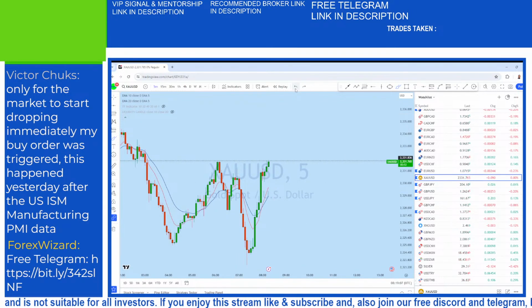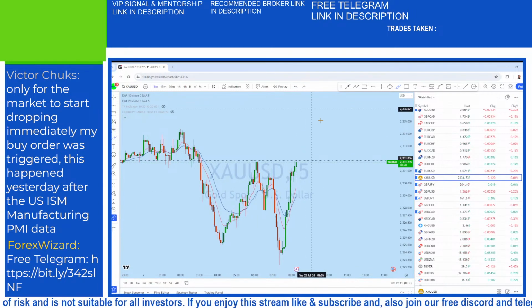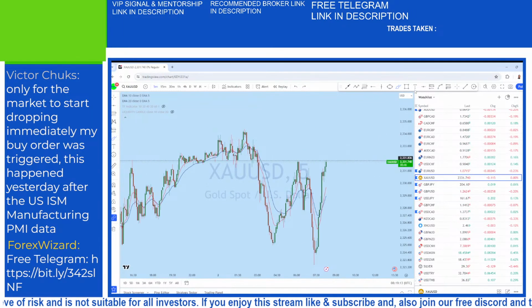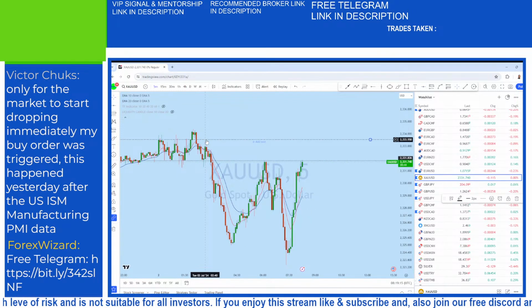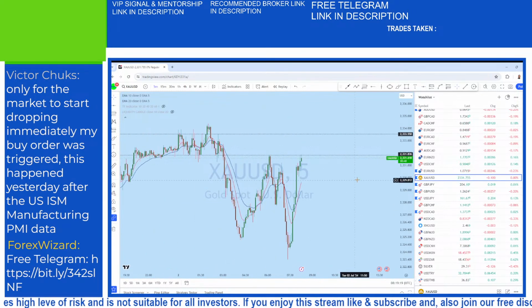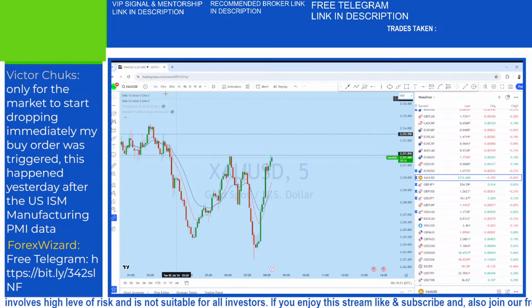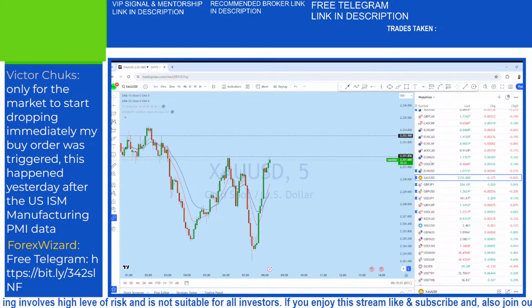So either inverted head and shoulder formation, we'll see how gold is moving back to the resistance line here. Depending on the price action confirmation, we will be looking for entry opportunity. Let's see how the market might be doing.